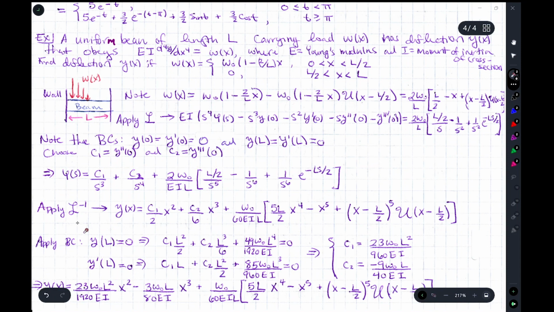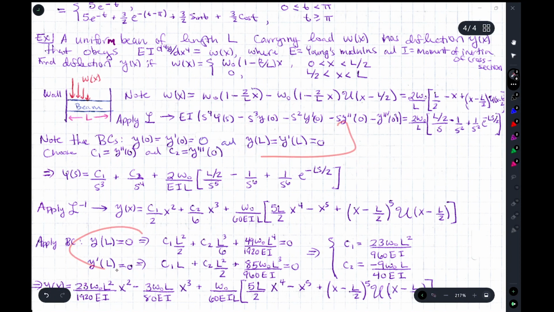So applying the inverse Laplace transform, we get this. And now why did we choose to keep our wiggle room with the second derivative and the third derivative and just set them to C2 and C1 over here and here? It's because now we'll apply the second boundary condition, okay, that we see here.